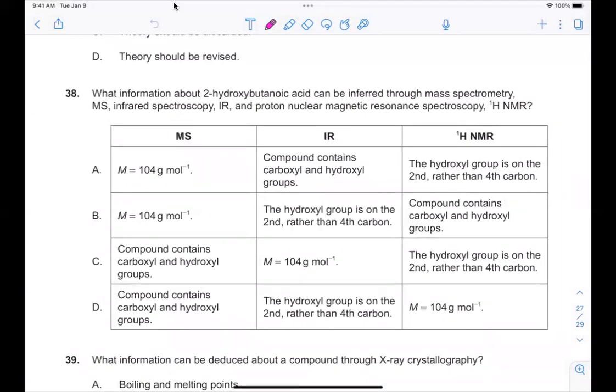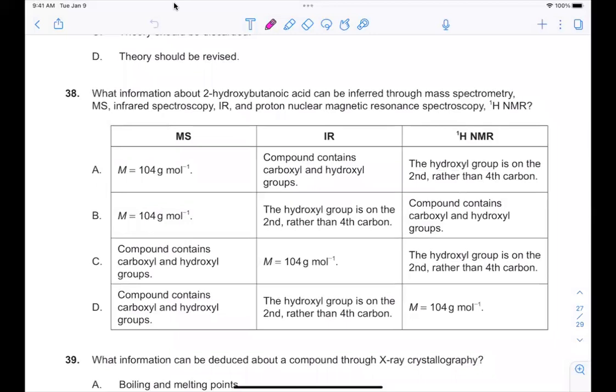So mass spectroscopy should be the molar mass of the structure. IR talks about the types of bonds and the functional groups that are present. And then HNMR tells you the location in the structure where all those bonds are. So not isotope, isomers, excuse me. Isomers, bonds, mass of structures and things like that.